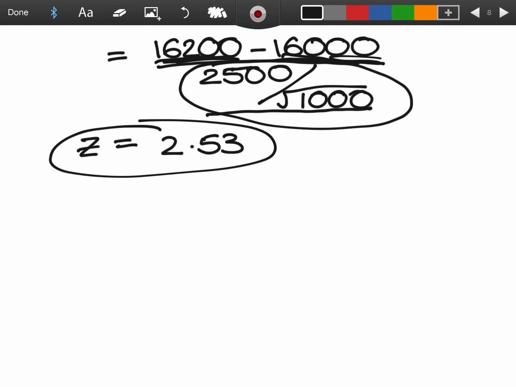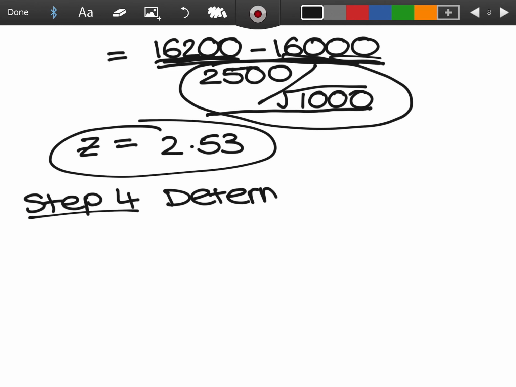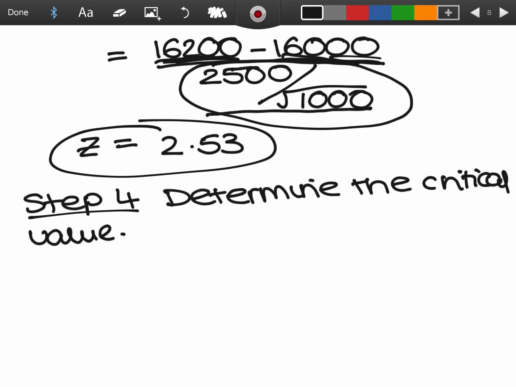Now the next thing is to determine the critical value. So to determine the critical value, we go back to what our significance level was and what our alternative hypothesis was.